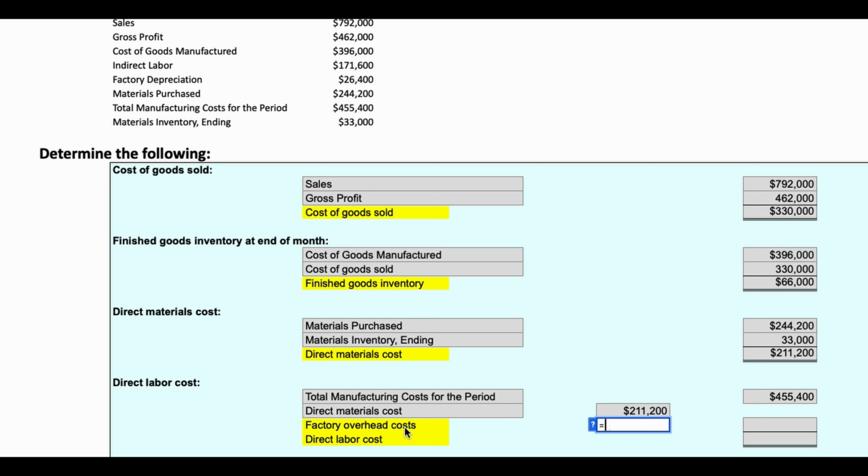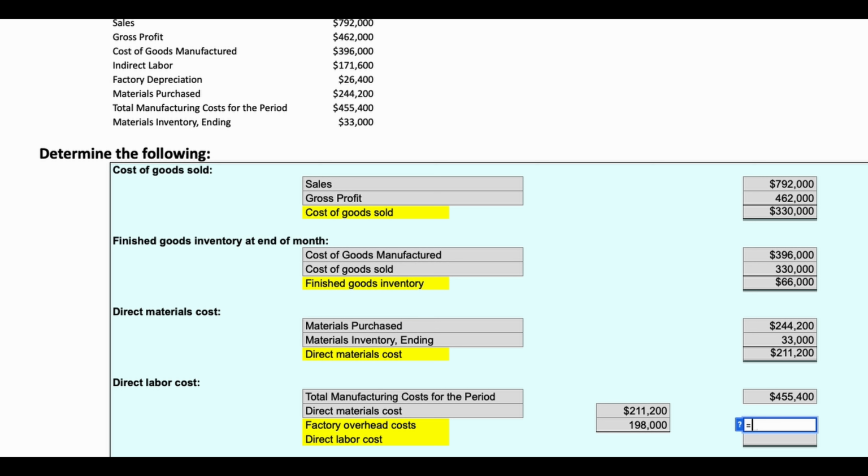This problem has provided us with factory overhead costs. Now, factory overhead is going to be those indirect costs. In this problem, there's 2 of them. We've been given indirect labor and factory depreciation. So we need to add both of these together. The $26,400 plus the $171,600 to come up with factory overhead costs of $198,000.